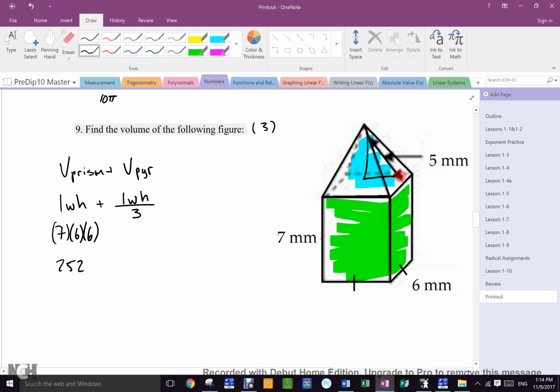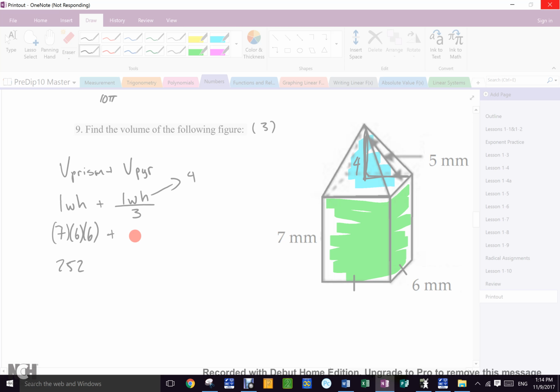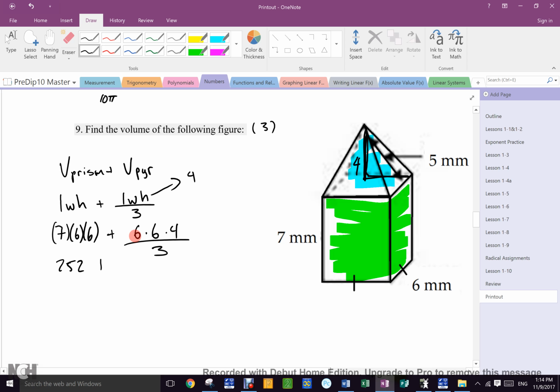Because it's 4. If you don't have H equals 4 there, you are getting 1.5 marks if you have used everything properly. Plus 6 times 6 times 4 divided by 3, which is 48. So that equals 300. Oh my gosh, you got it on the dot.